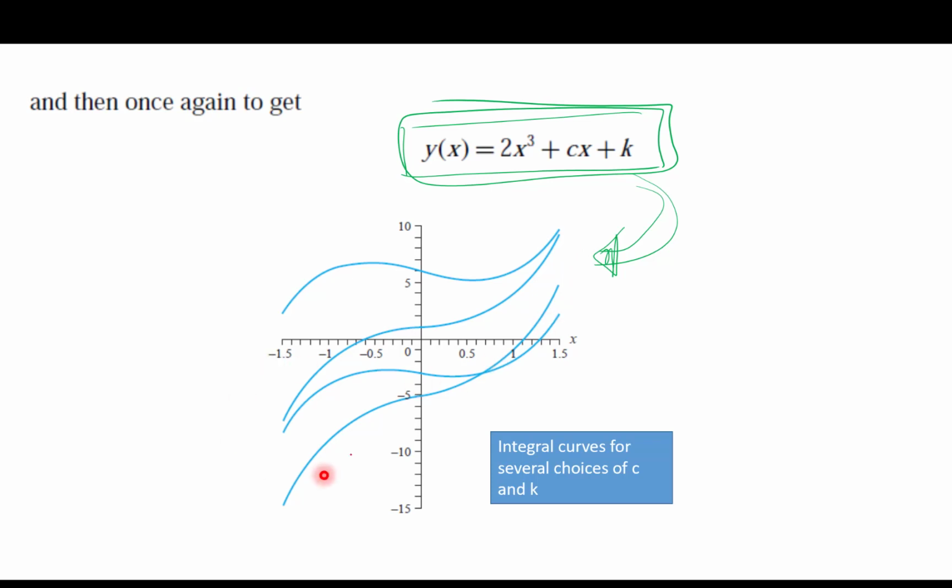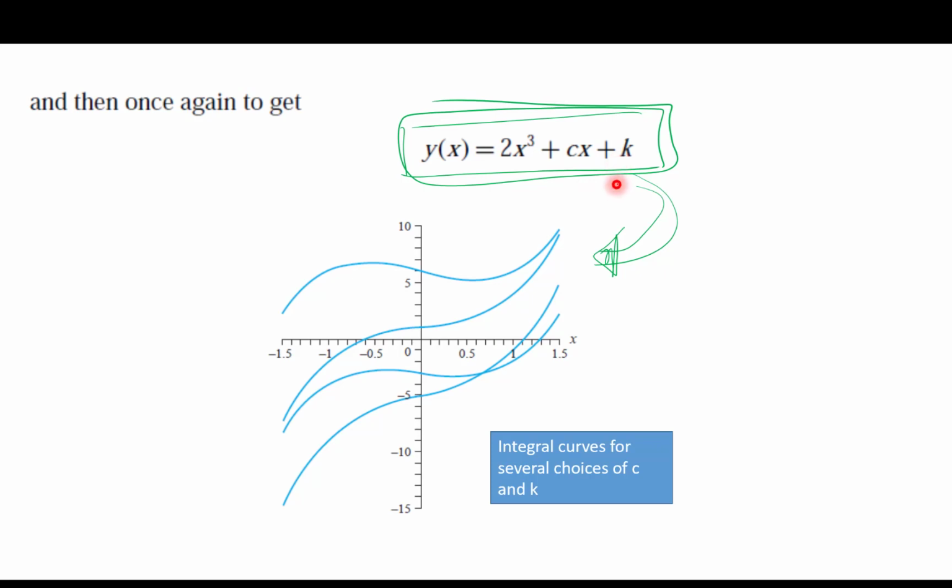These are different curves. Every curve is considered to be a unique solution. So whenever the equation has c, which is a constant, and k, which is another constant, this means that we have multiple solutions for different values of c and k.